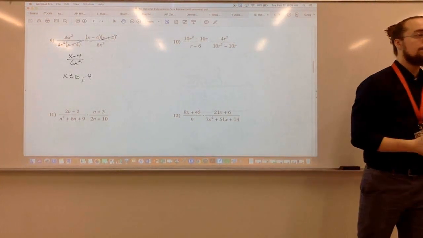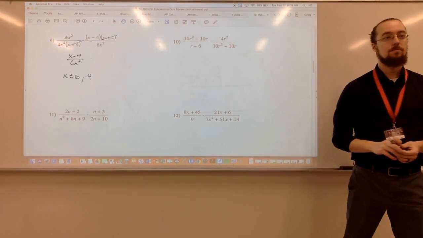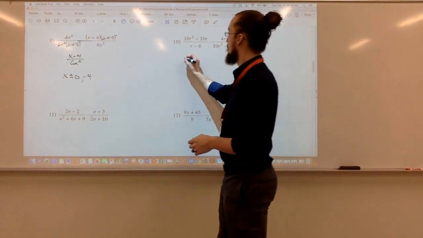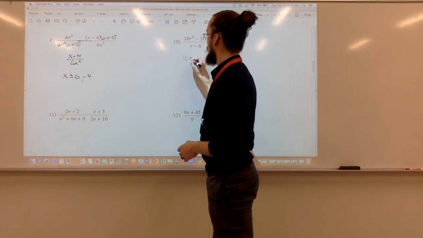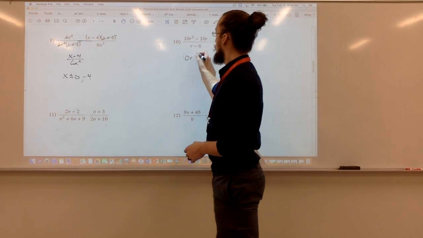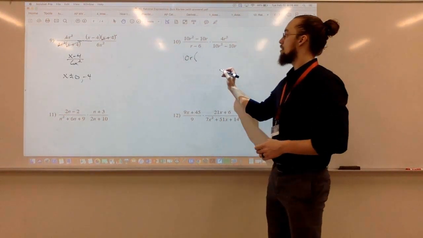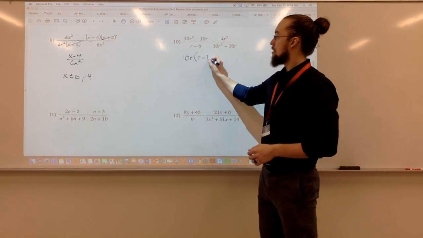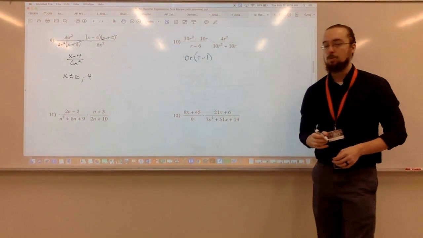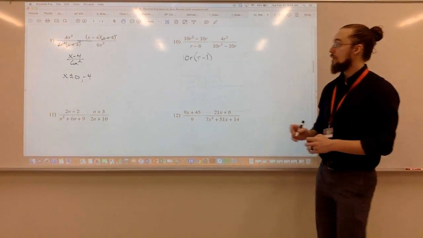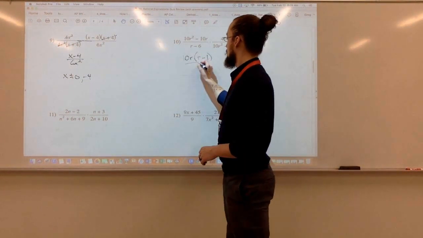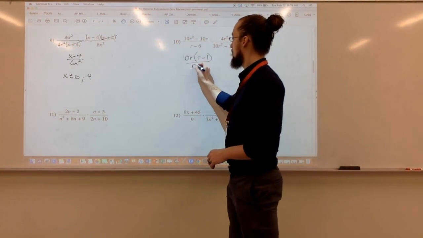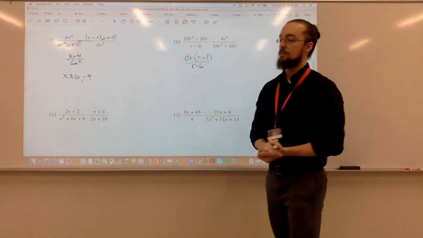What can I do with that? I can take out a 10 and an r. So then what am I left with? R minus 1. Can I do anything with the r minus 6? Nope.